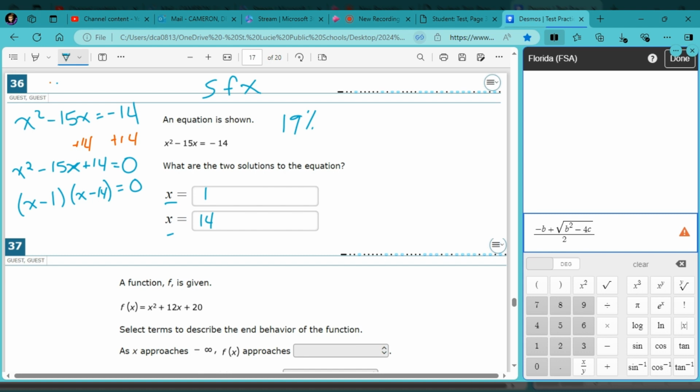And then your b, you've got negative 15. So change that b to a negative 15. Negative 15.